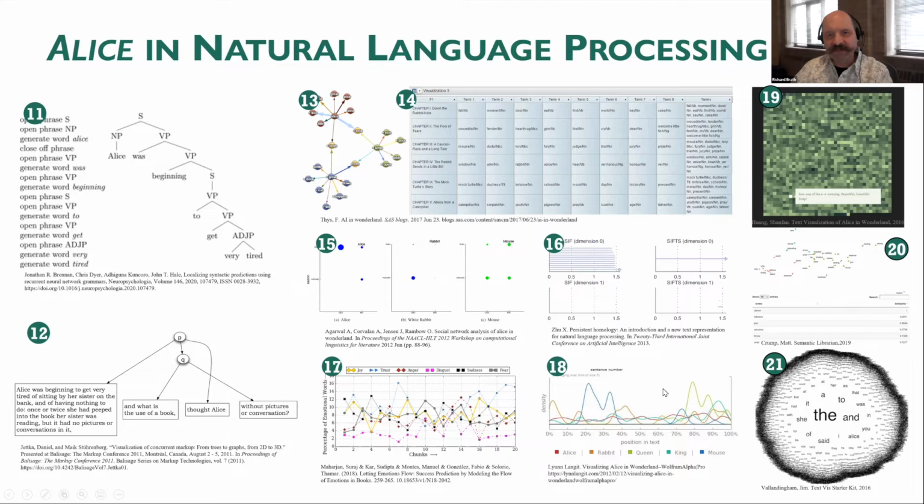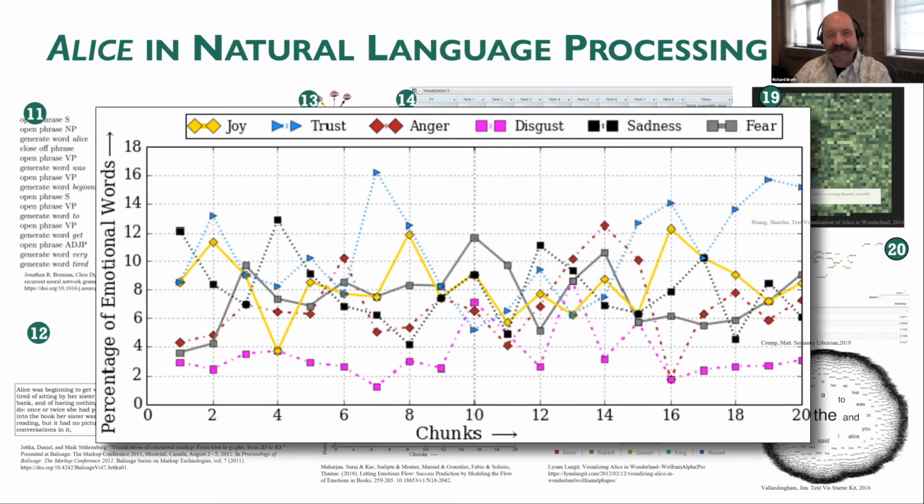We get into some line charts plotting characteristics and words and the relationships between words. So you're seeing a lot of very granular visual representations in these NLP visualizations.